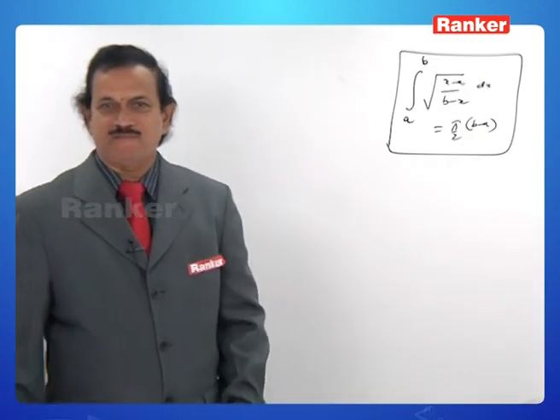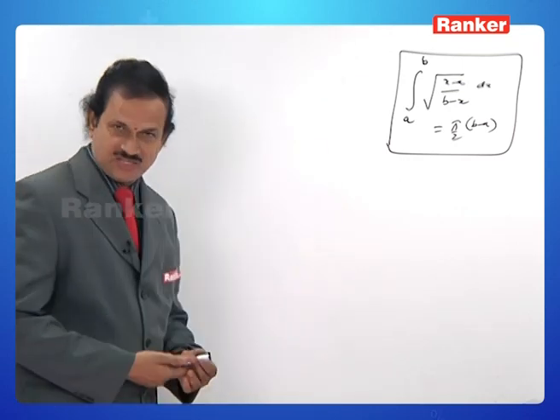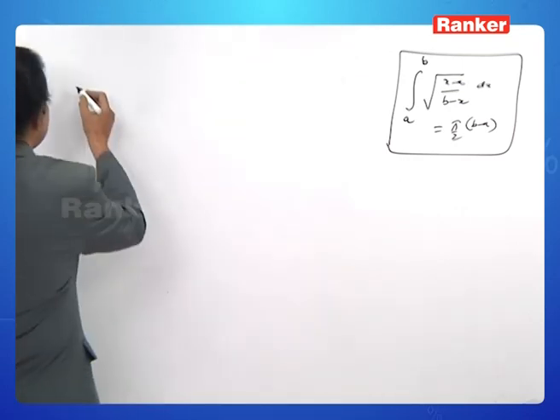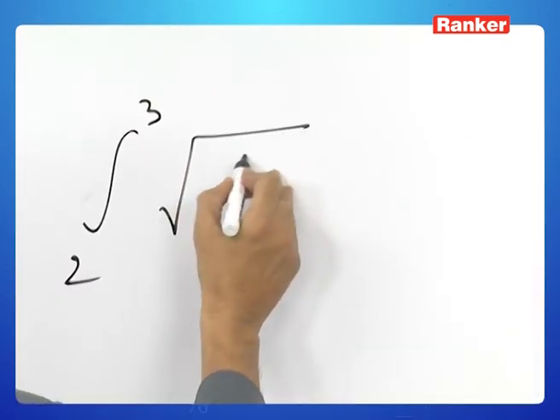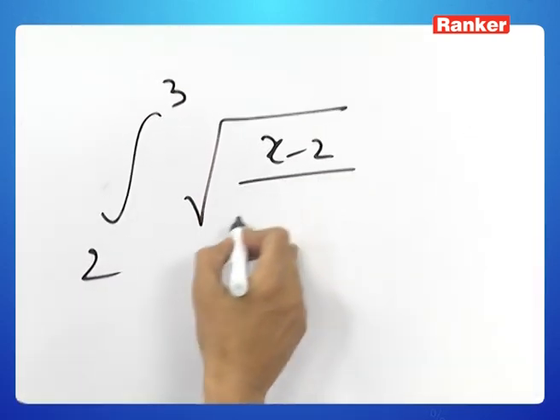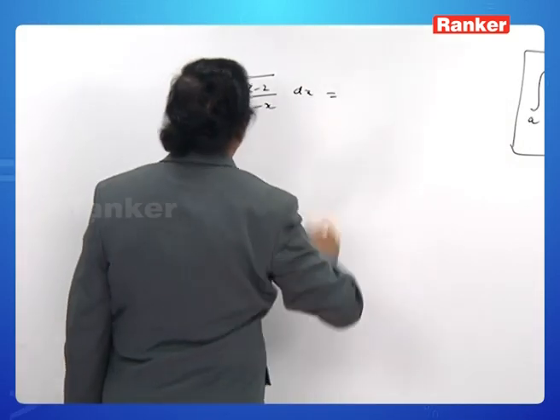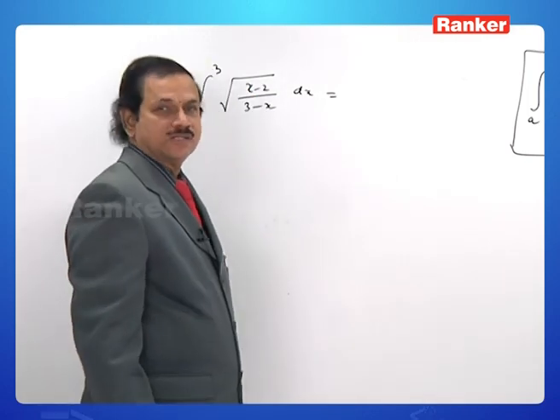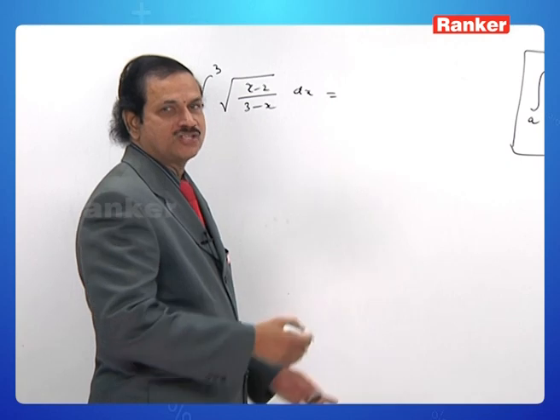Another application of the formula for the integral from a to b of root of (x minus a) by (b minus x) dx. We shall look at the integral from 2 to 3 of root of (x minus 2) by (3 minus x) dx. If you do not know that formula, it will be a tedious job.